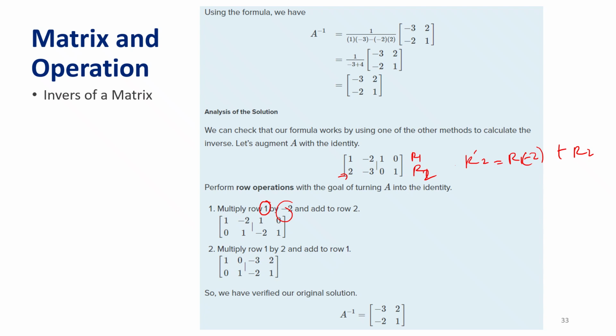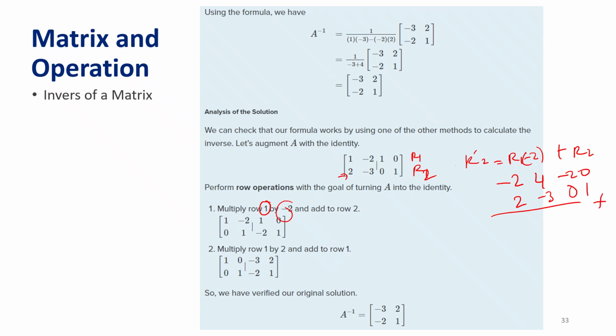So you have minus 2, 4, minus 2, 0. And then you add it with the original row 2, which is 2, minus 3, 0, 1.